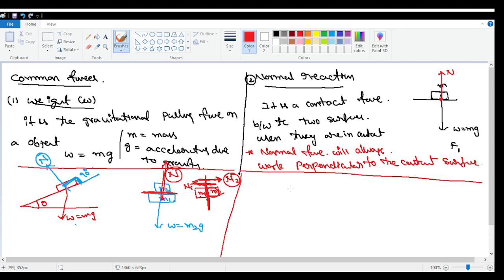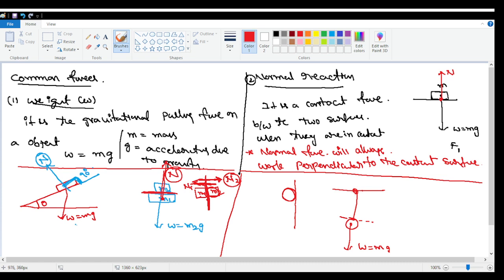Let me take it like this: this is the wall, in the vertical direction. Here the stone is hanging with a rope, like a pendulum. Now, the weight of the object is acting, W is equal to mg. The contacting rope is here, and you can take the contacting point here.